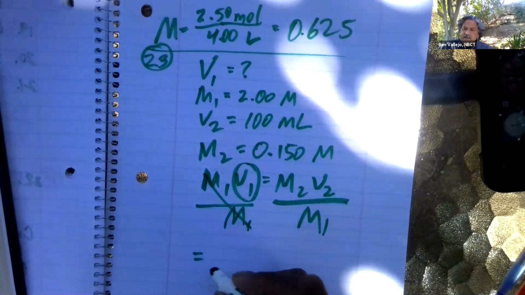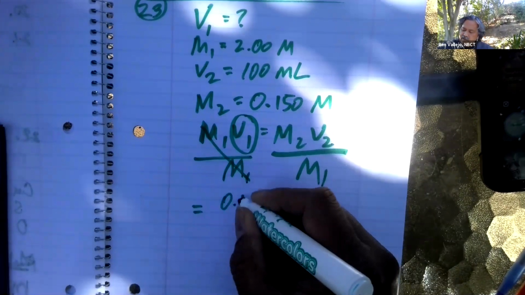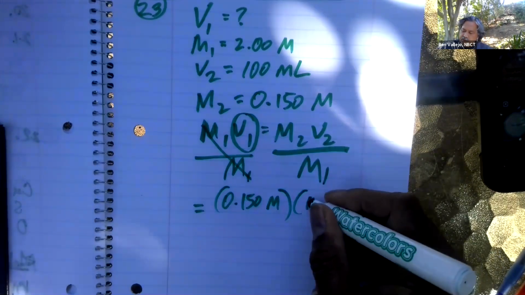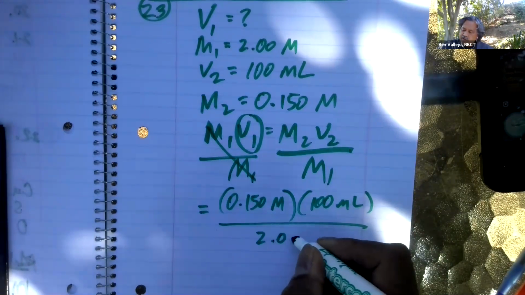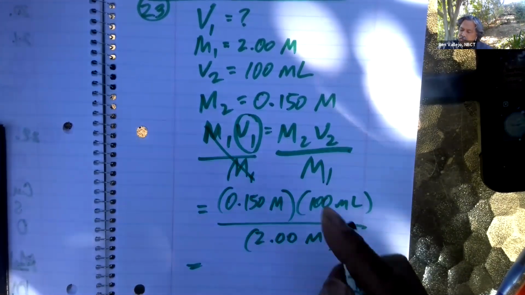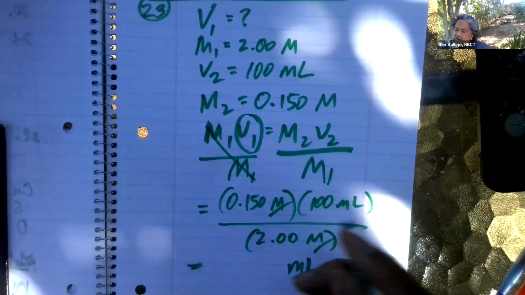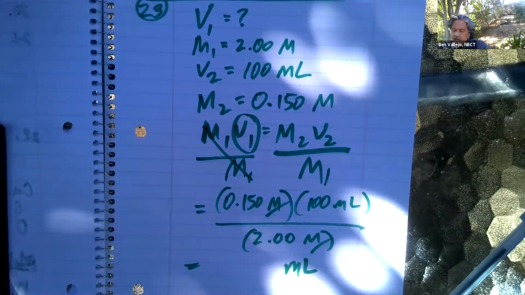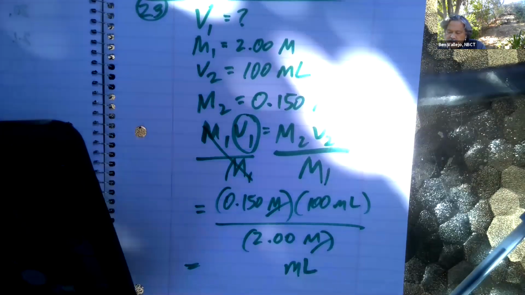So now we take M2, which is 0.150 M, multiply it times V2, which is 100 milliliters, and divide that all by M1, which is 2.00 M. The answer is in milliliters, because the molarities cancel. 0.15 times 100 divided by 2.